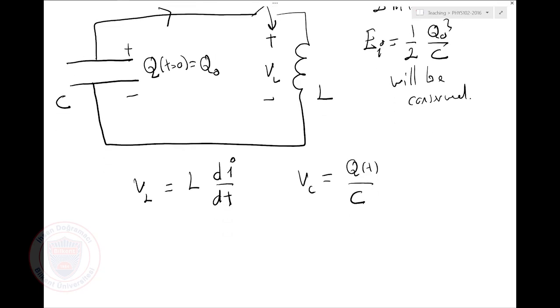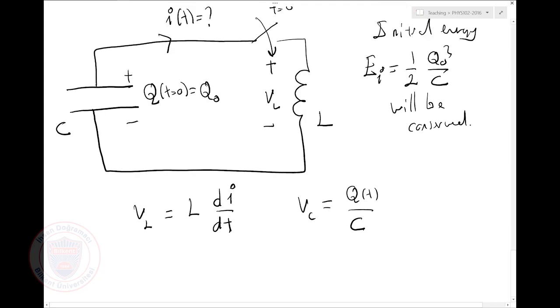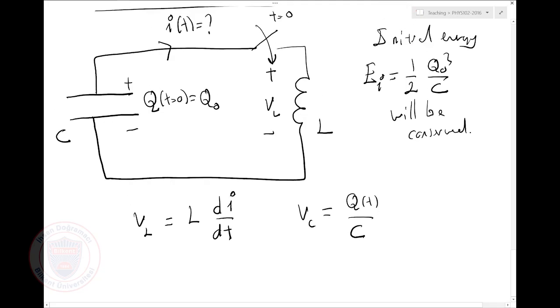Now, here's the thing though. What is I of t? Where is this current coming from? There is no voltage source. It's coming from the initial stored charge on my capacitor.